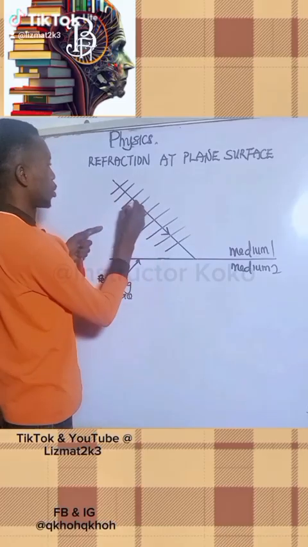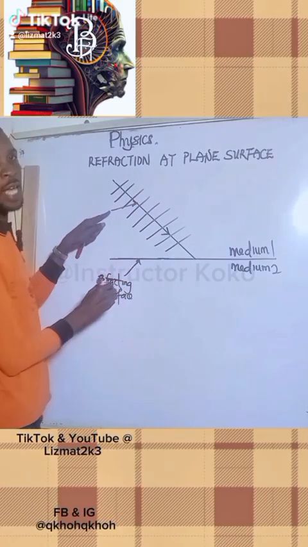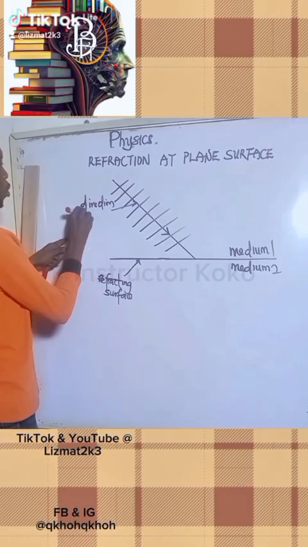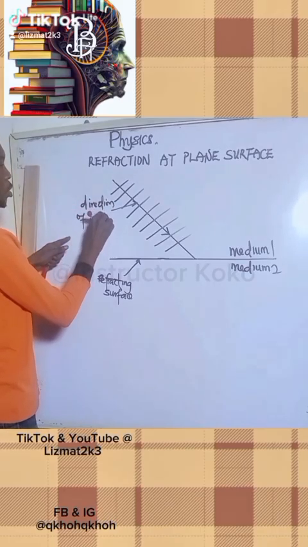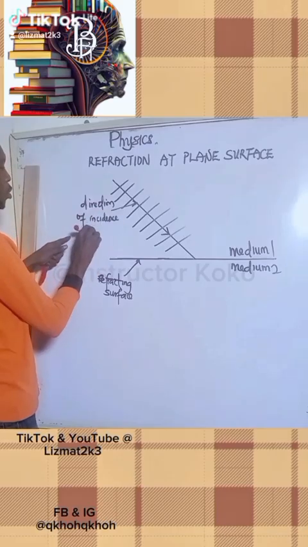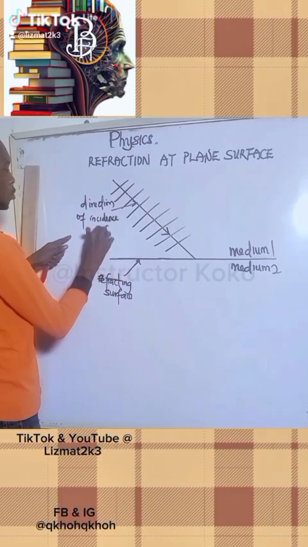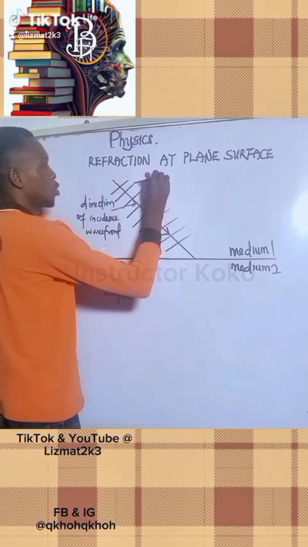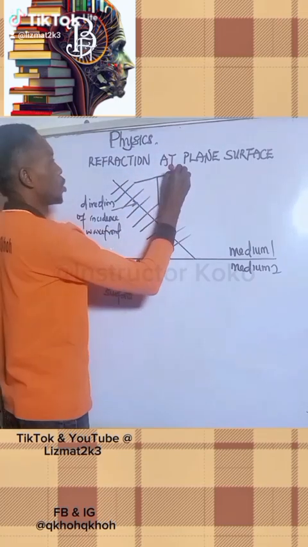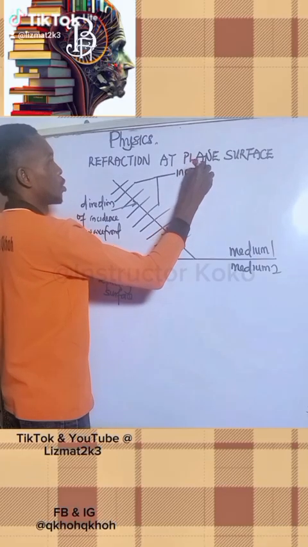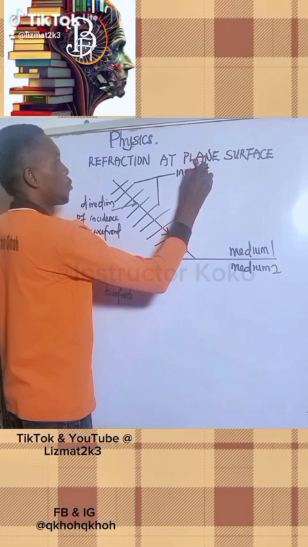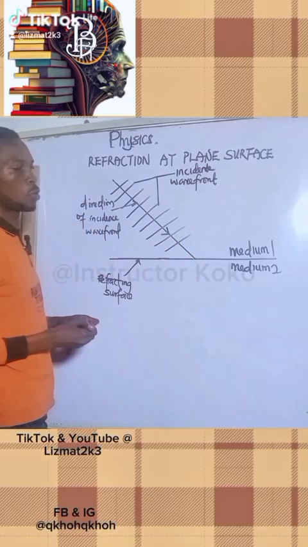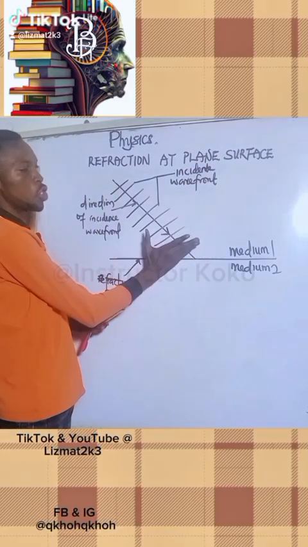So this line here, we label it as direction of the incident wavefront. So this is your wavefront. Now, this line that I draw, all this line like this, call them the incident wavefront. That's your incident wavefront, right? And this is the direction from medium one.